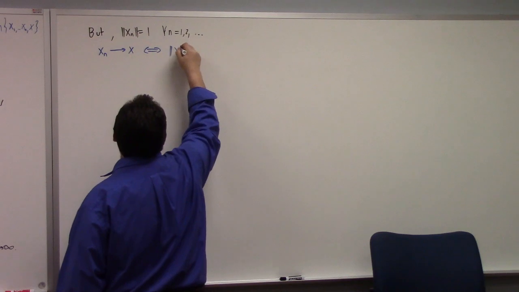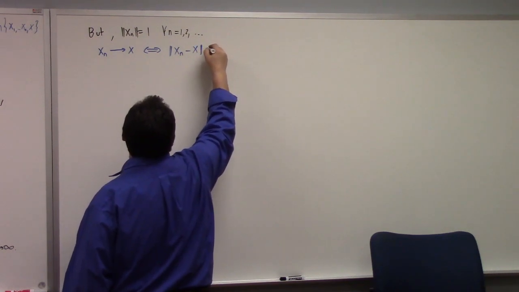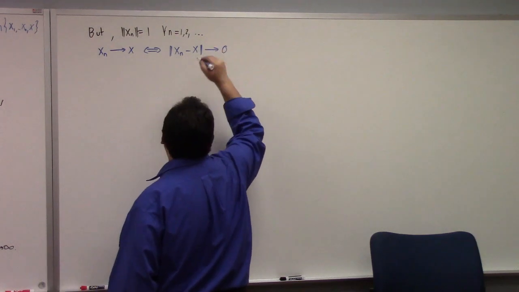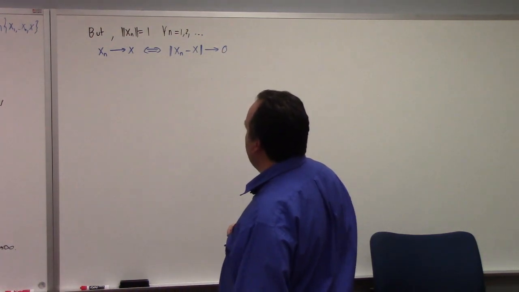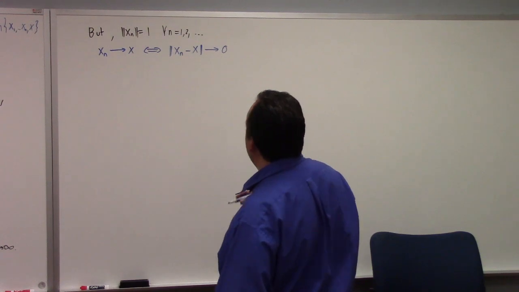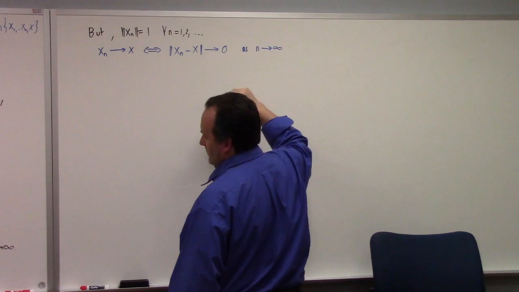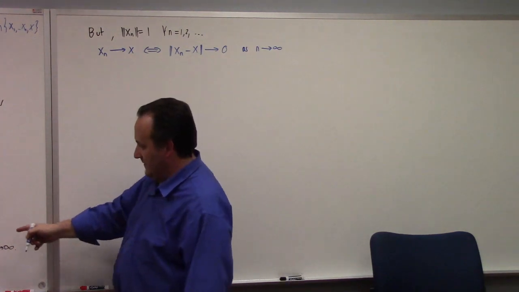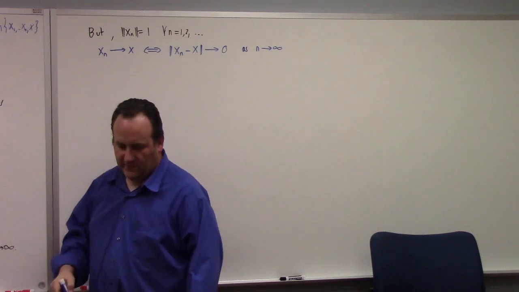So we need the norm of x_n minus x to go to 0. Weak is just with the inner product going to 0. That's the weak convergence.